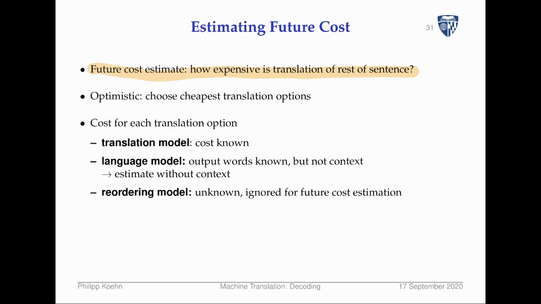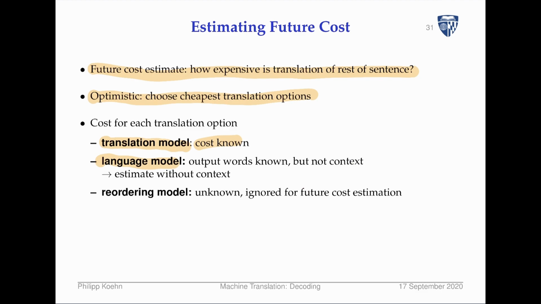We're going to be optimistic. We're going to say, what is the easiest way to translate the foreign words? And we know for each possible phrase translation the cost. That's actually previously known. The language model is not so clear. We know the output words, so we can score them. Are these unusual output words? That gives you some estimate, but we don't know the context.